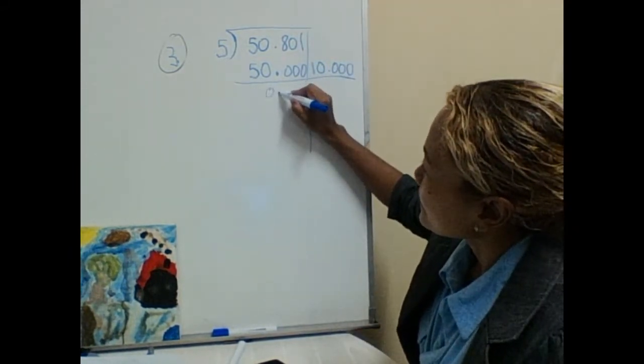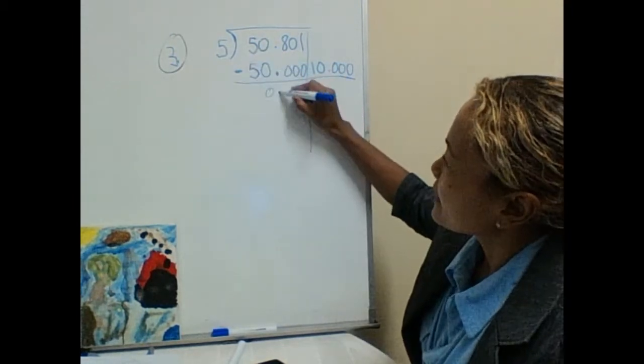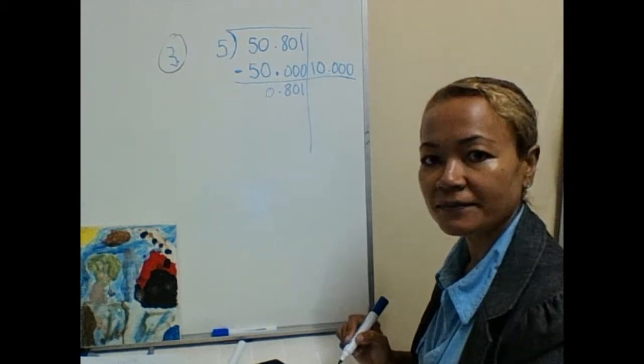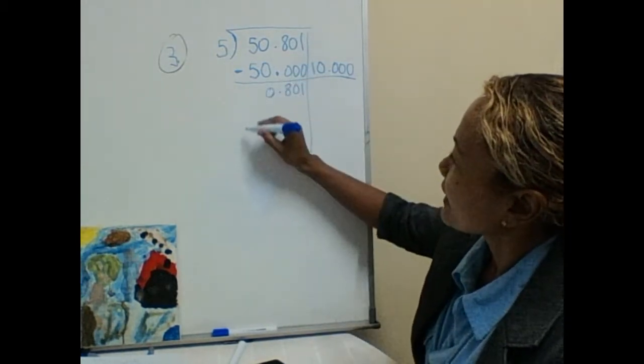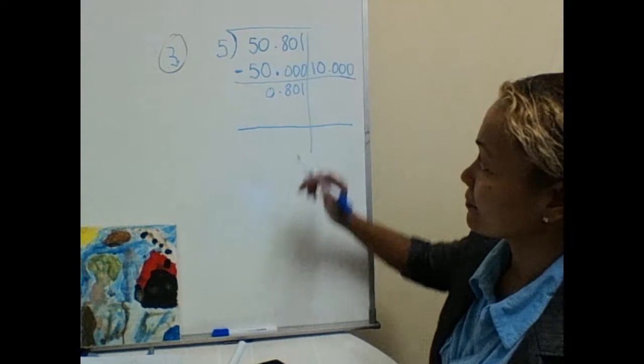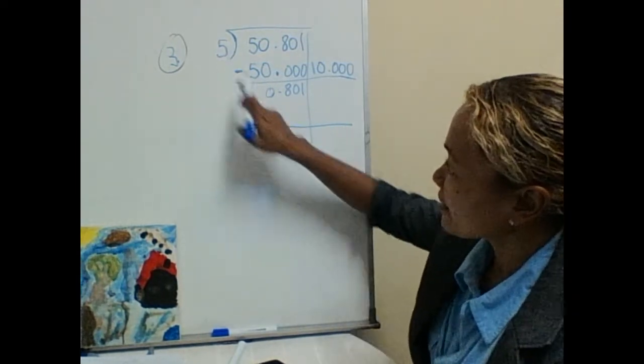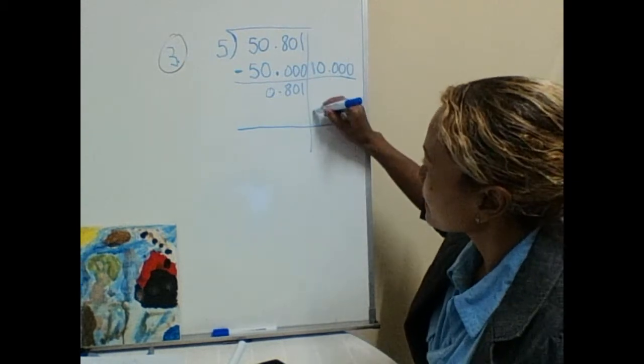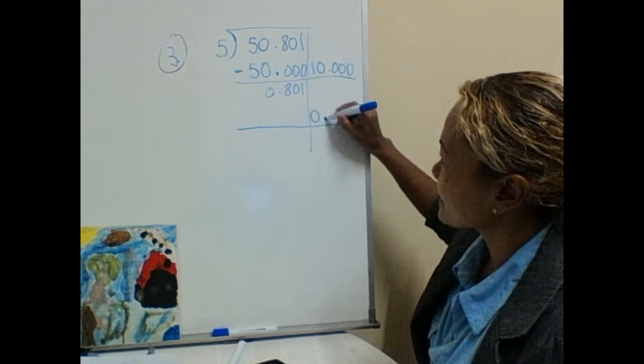And if you subtract that, you get 0.801. Okay. Does 5 go into 0? No, it doesn't. Crossing the decimal point, so you put it down here.